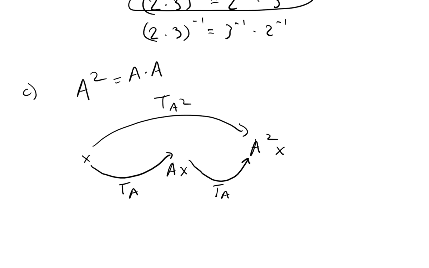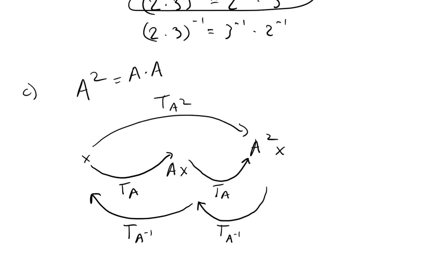So how do you go backwards? Well, what's the inverse transformation of the linear transformation with standard matrix A? It's the linear transformation with standard matrix A inverse. If you go backwards here again, you get T of A inverse.